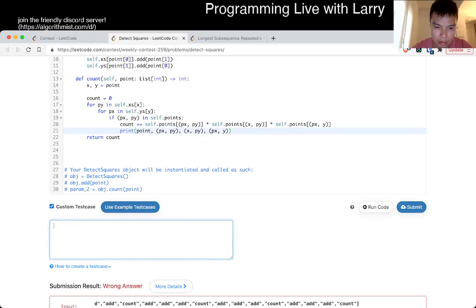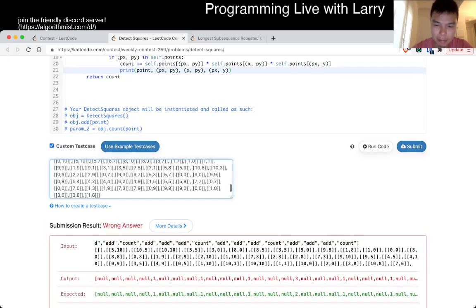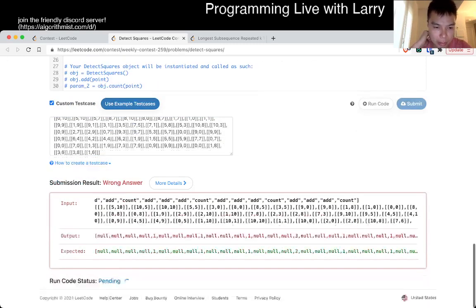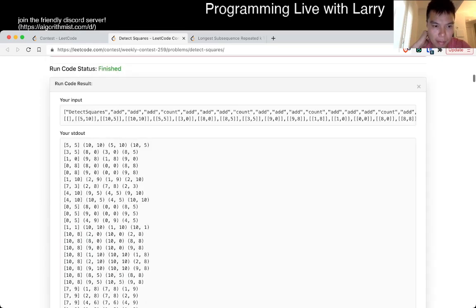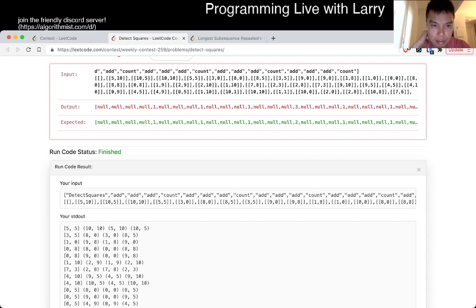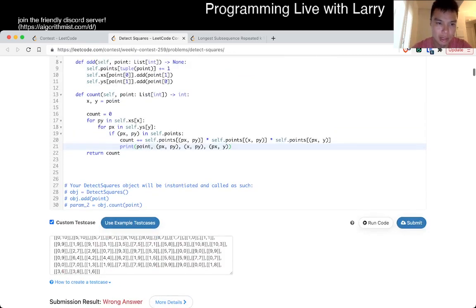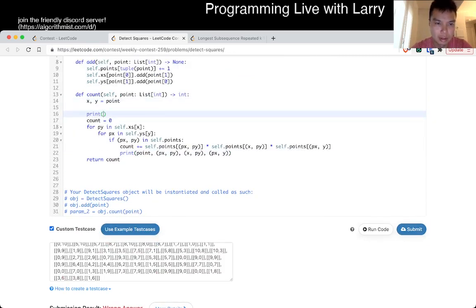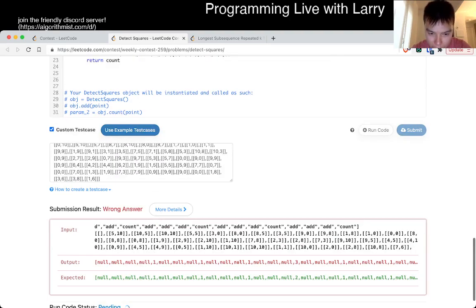This is such an annoying bump, but they need to do it better. They need to figure out how to make it easier to debug in general. But yeah, okay, let's actually add to it. Well, it should be the fourth count.